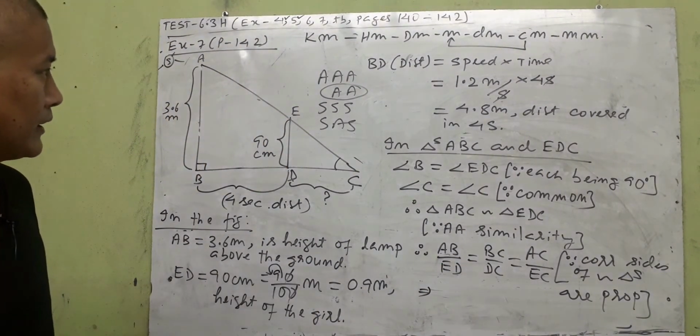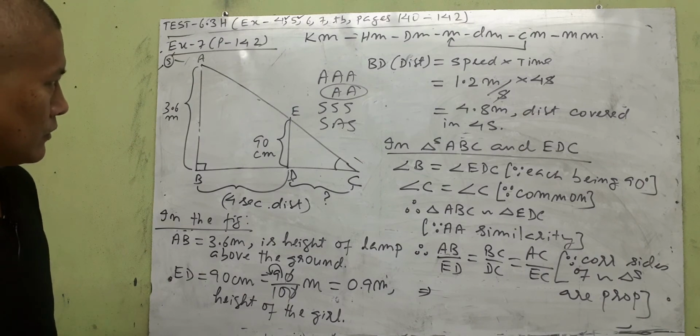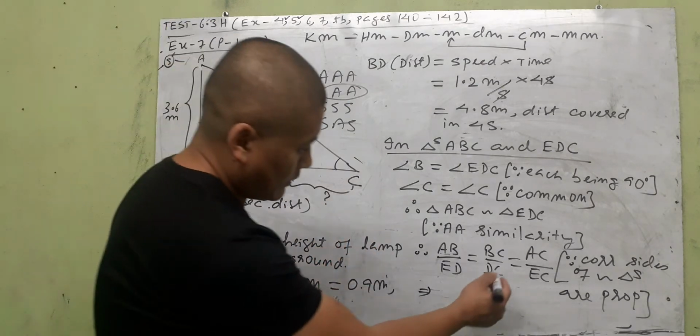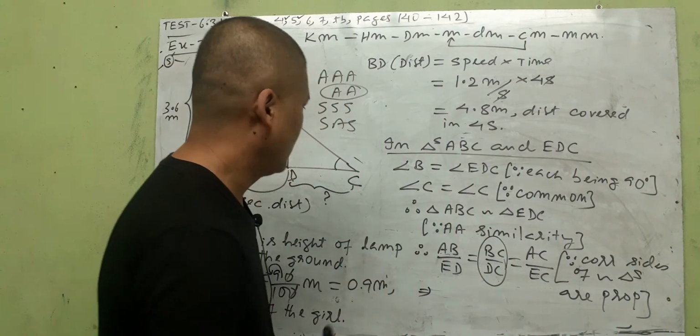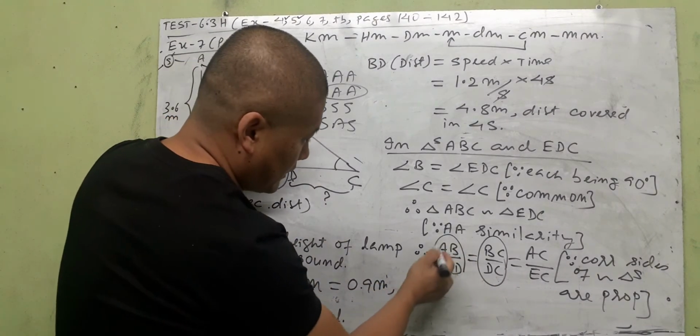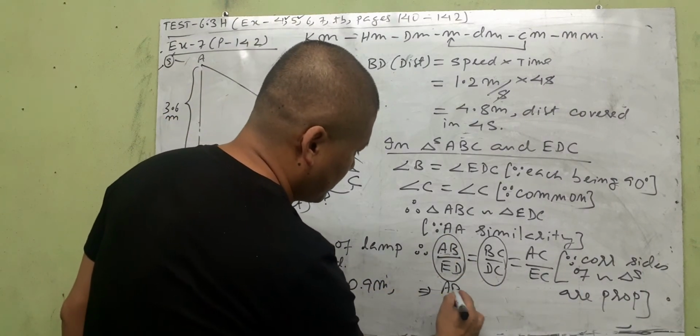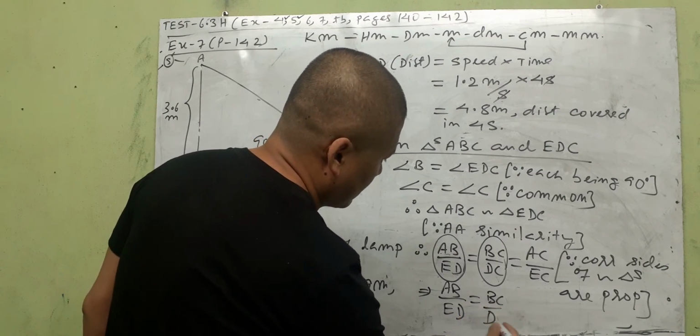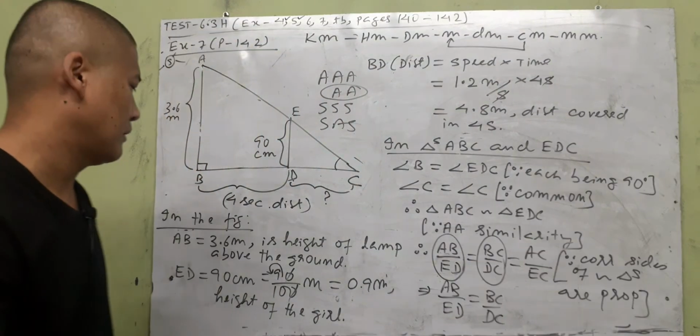Okay, so once we are through with that, let us take those 2 ratios which we need. The question is saying find the length of the shadow. So the length of the shadow is this DC. So here DC is contained here. And the values given are this ED and AB. So this one is given. So let us take this. So we write AB by ED equal to BC by DC. We can discard this.